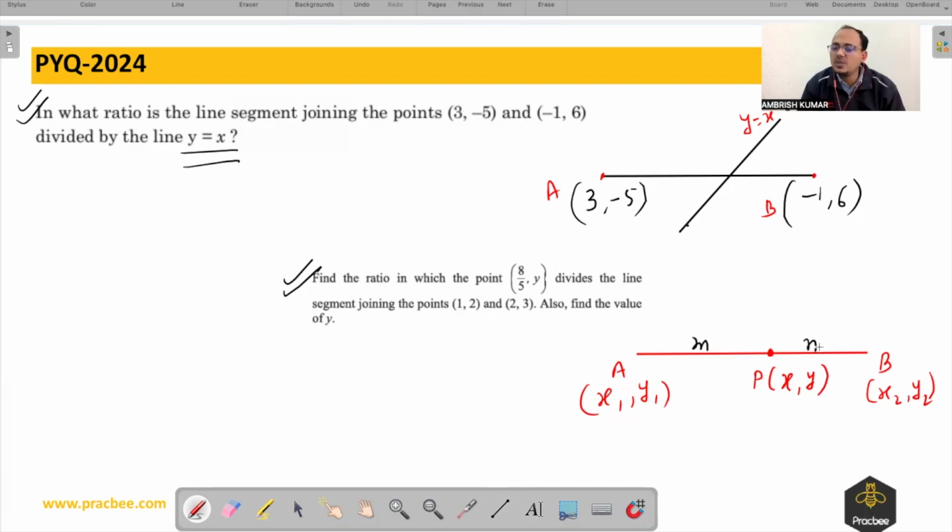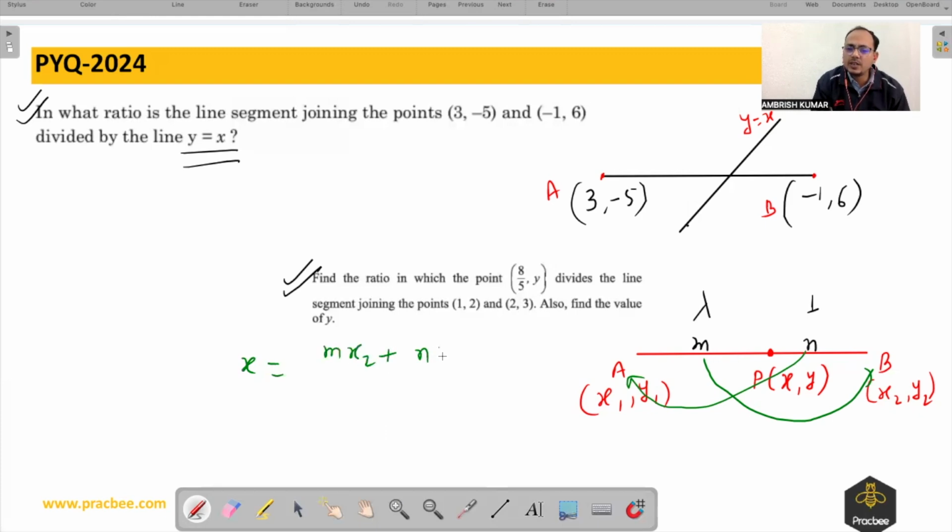So I am going to write both the formulas. If you have taken m and n as the ratio, this m we have to multiply with the coordinates of B, and this n has to be multiplied with the coordinates of A. So the formula for x coordinate is mx2 plus nx1 divided by m plus n, and for y coordinate it's my2 plus ny1 divided by m plus n.